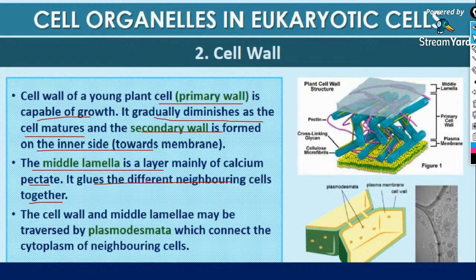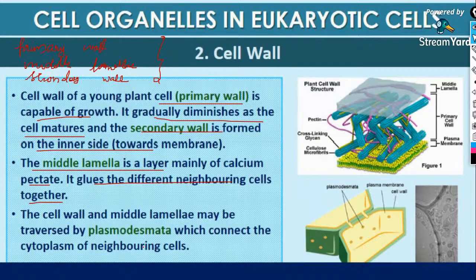So the three layers of a cell wall are the primary wall, the middle lamella, and the secondary wall.